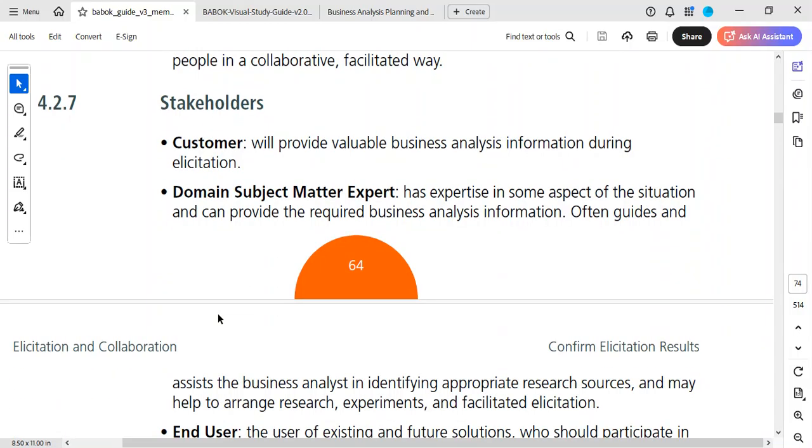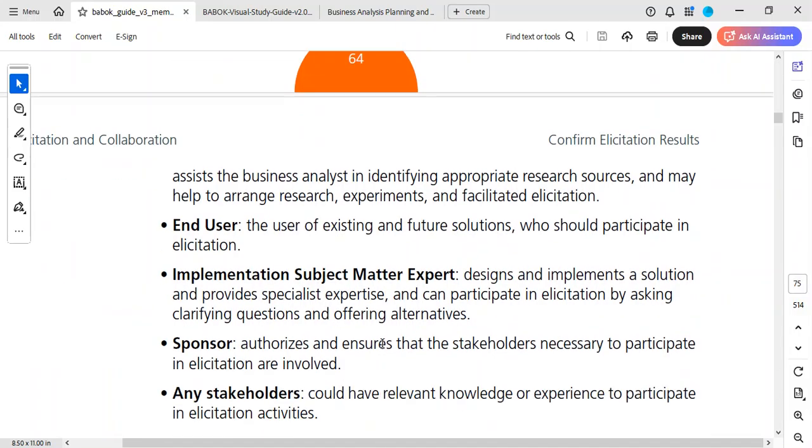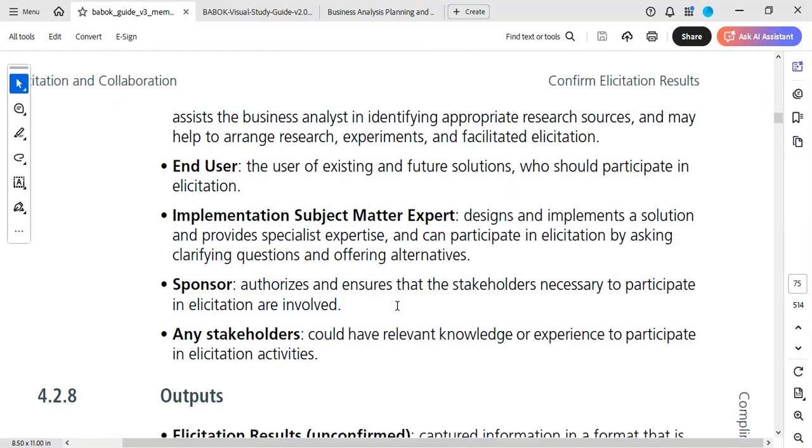Stakeholders. Who are your stakeholders here? Customer will provide valuable business analysis information during elicitation. Your domain subject matter expert has expertise in some aspects of the situation and can provide the required business analysis information, often guides and assists the business analyst in identifying appropriate research sources and may help to arrange research experiments and facilitated elicitation.